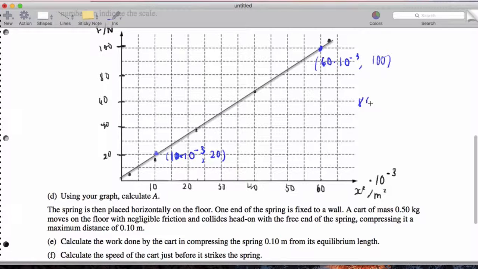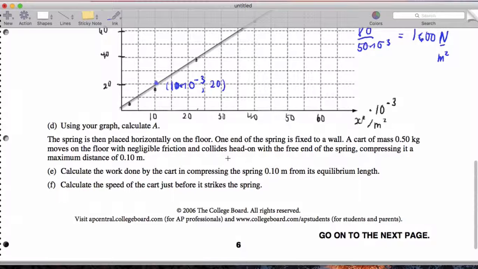So that's going to be 80 over 50 times 10 to the negative 3 when I get my rise over run. So let's just do that right now. So 80 divided by 0.05. And that's getting me about 1,600. And the units would be newtons per meter squared. Awesome.